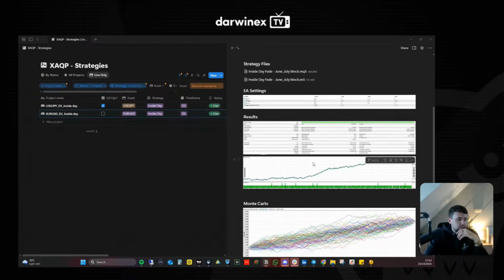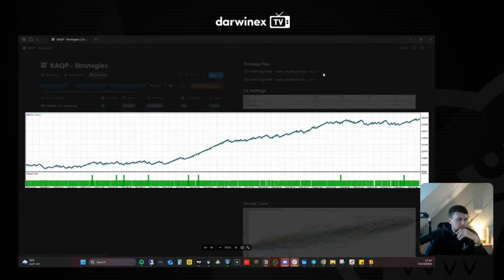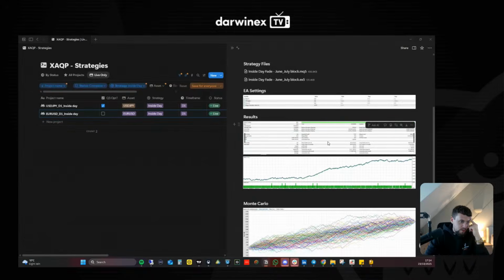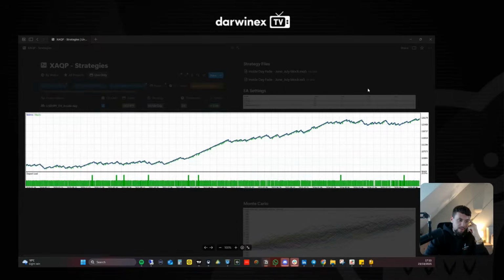So this is the original curve. Yes, I was testing this earlier today. It's an absolute nightmare. I might even drop this as a strategy. It's got a really low risk to reward of like 0.3. So it has an extremely high win rate, but it's just not the best system in the world.